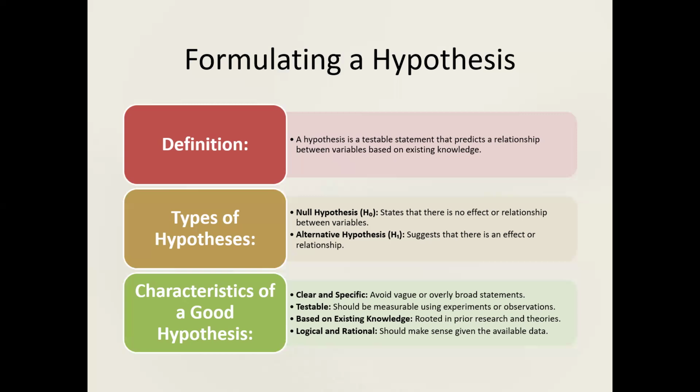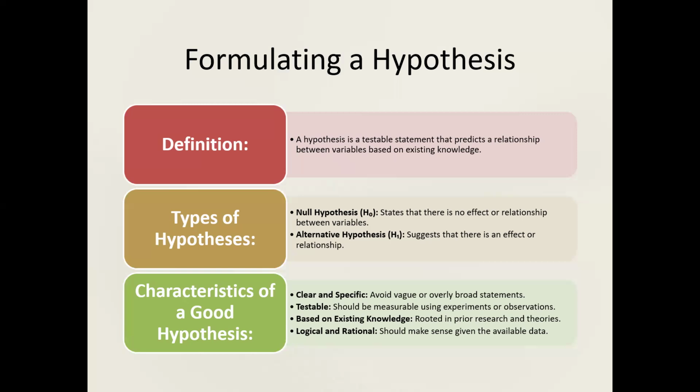Let's say there are variable A and variable B, and the null hypothesis will be that there is no effect or relationship between variable A and variable B. So the null hypothesis basically shows no significant difference or relationship between variables, and there is the alternative hypothesis. The alternative hypothesis basically shows a significant difference or relationship between variables, and it suggests that there is an effect or relationship between some sort of variables. So these are the two types of hypotheses.